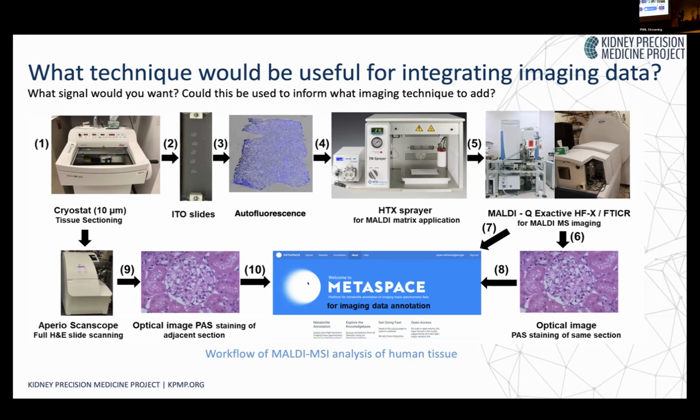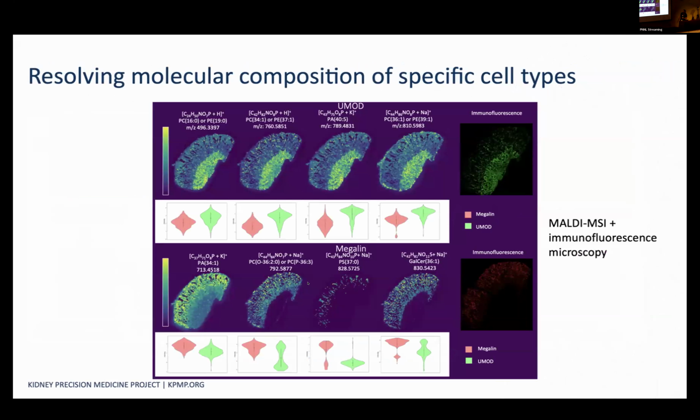By doing this workflow, we can integrate different morphologies from autofluorescence and also different cell types with our mass spec imaging.